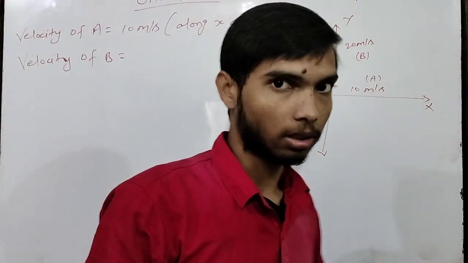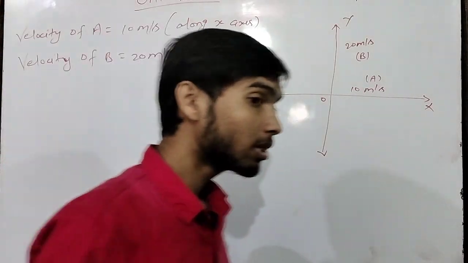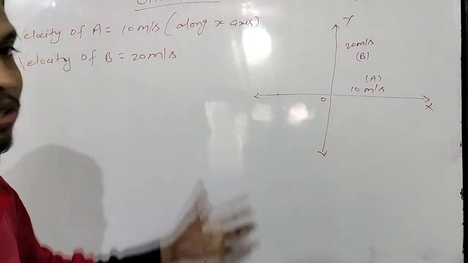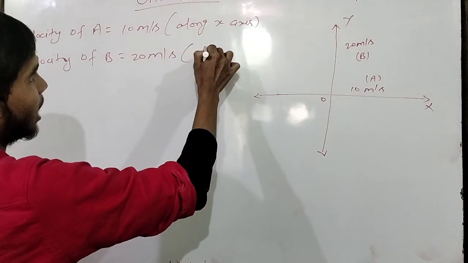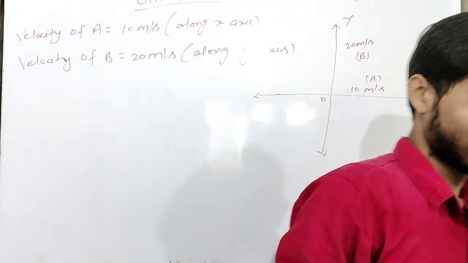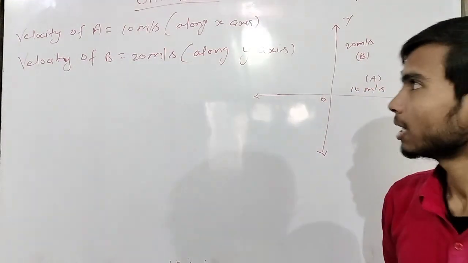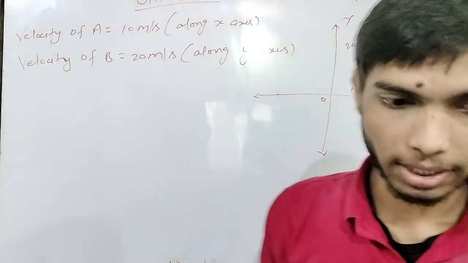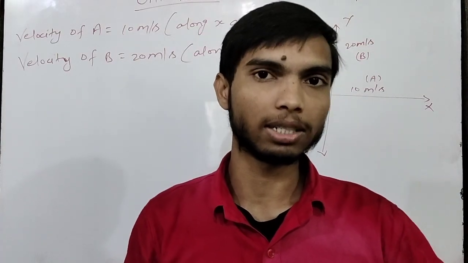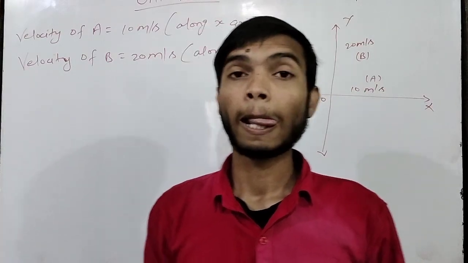It is moving with a speed of 20 meter per second. But question is, in which direction? So here you would say along y-axis. Are you understanding? This is how we can tell to someone that somebody is moving with this much speed in this particular direction.